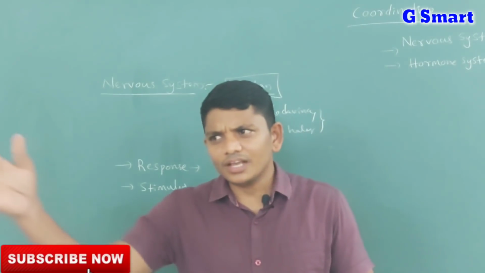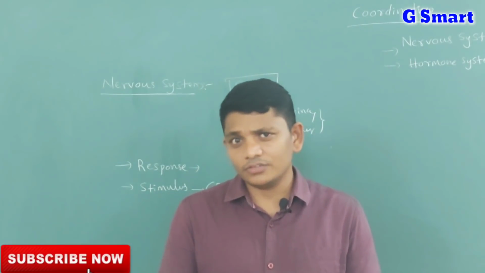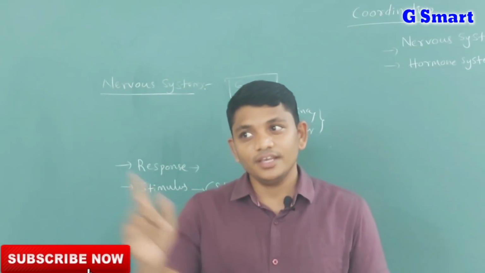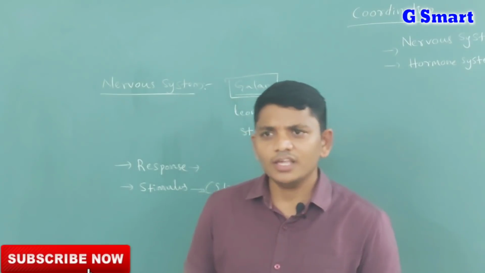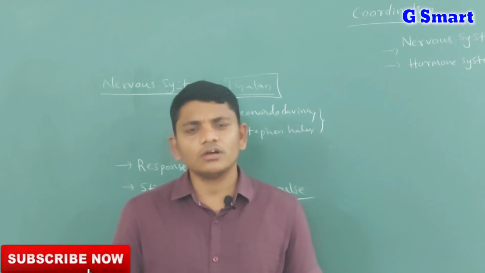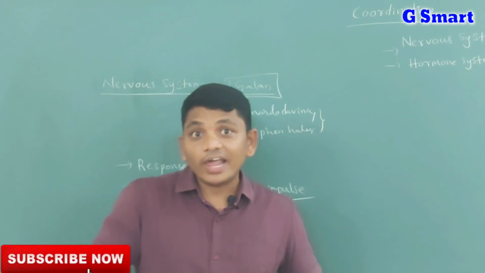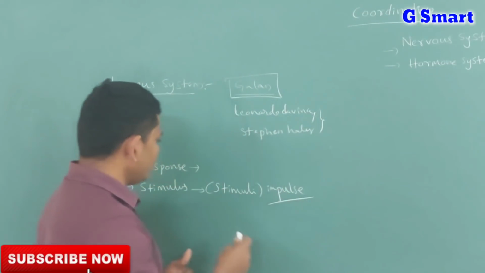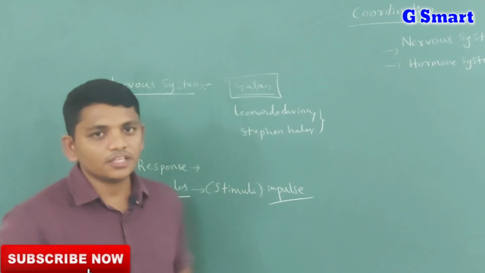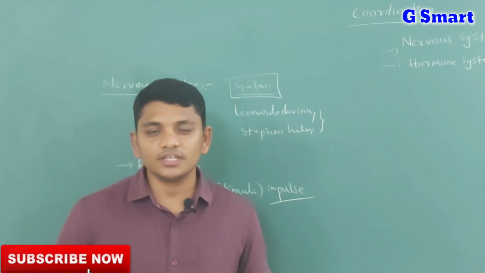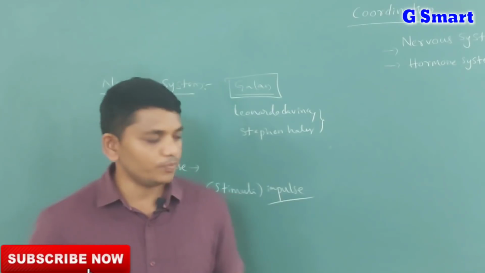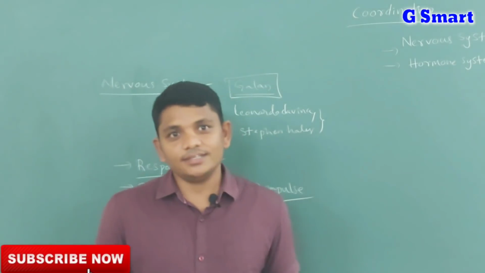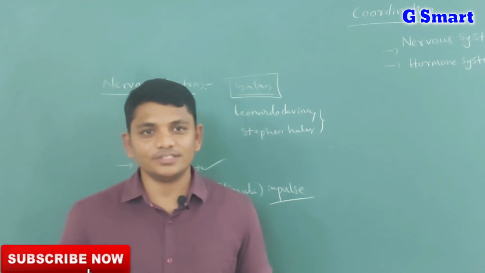Here, the coming of the teacher into the classroom is a stimulus. It is a change in the atmosphere. In this way, the changes in the atmosphere are called stimulus. Our actions towards the stimulus are called a response. So stimulus is nothing but the change in the atmosphere, and the response is nothing but the actions towards the impulse.